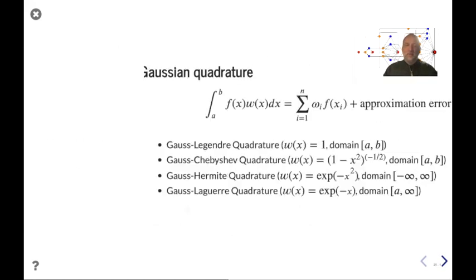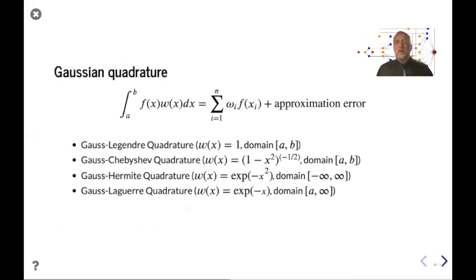And it has an infinite domain, minus infinity to plus infinity, since the epsilon is normally distributed with full support on the entire real axis. So those are the two potential choices we're choosing between. Gauss-Chebyshev would be less appropriate here, and Gauss-Legendre quadrature is also less appropriate. It would be good if you have a log-normal distribution.